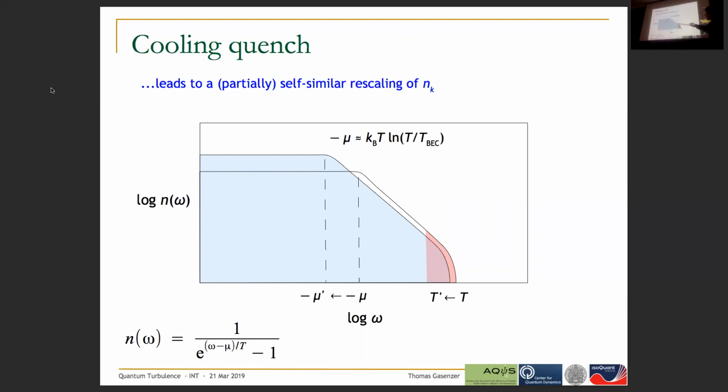Typically what one does is one cuts off the highest energetic particles, and then the system rethermalizes, setting it to these lower temperatures, but leaving the shape invariant. So the shape is actually universal. The full curve is universal with just a few non-universal scales in here, namely the temperature and the chemical potential.